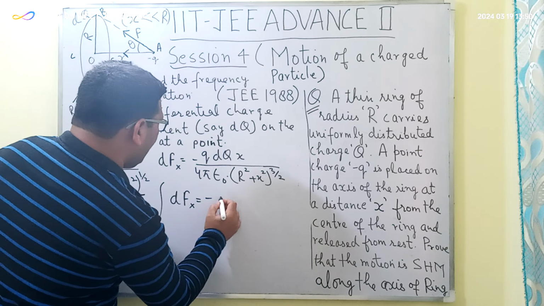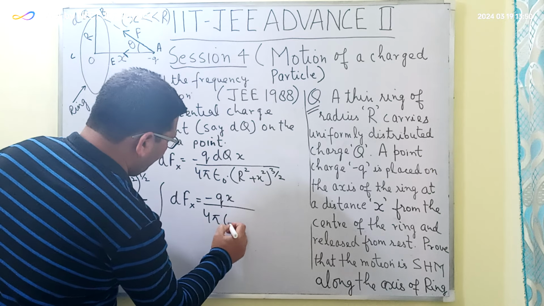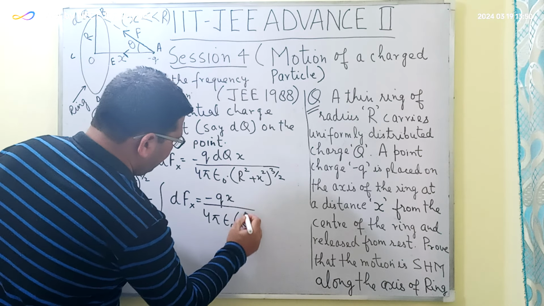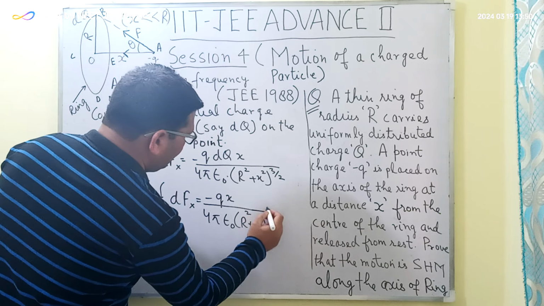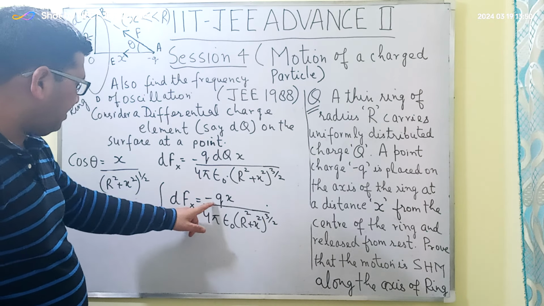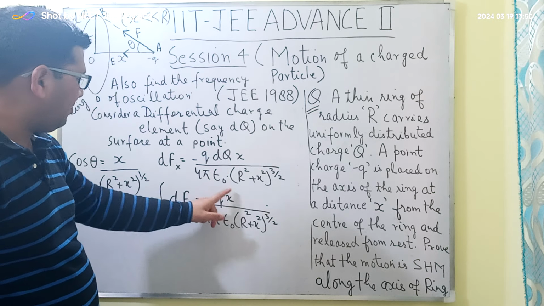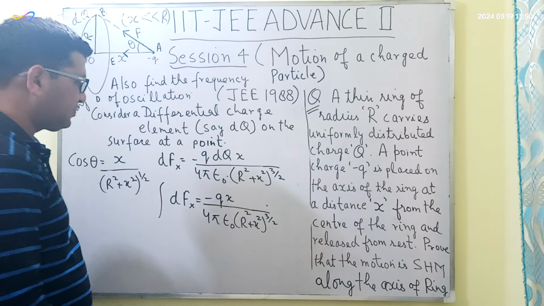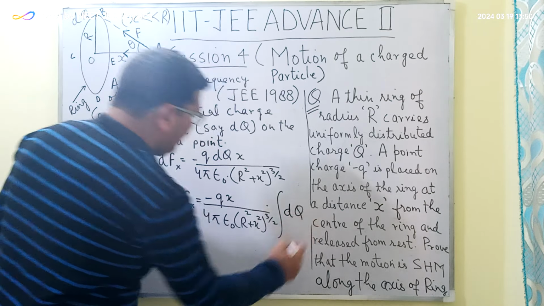So this is a constant, minus qx divided by 4 pi epsilon naught (r square plus x square) to the power 3/2, and I will be integrating dq.